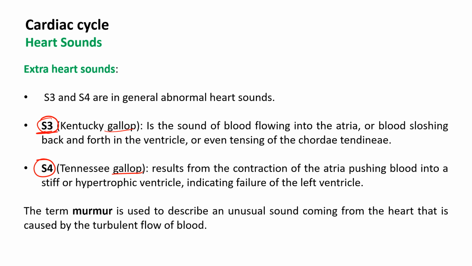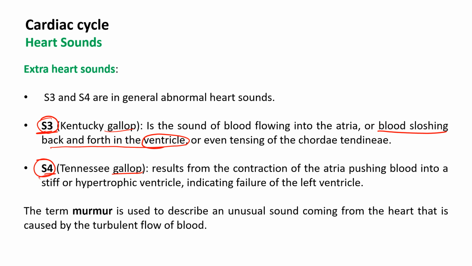S3 is a sound that takes place when you have blood entering into the ventricle very quickly and very hard, right? It's blood sloshing back and forth into the ventricle. Normally, this is something you see in hypertension, for example, but again, it's not super important for you at this point.